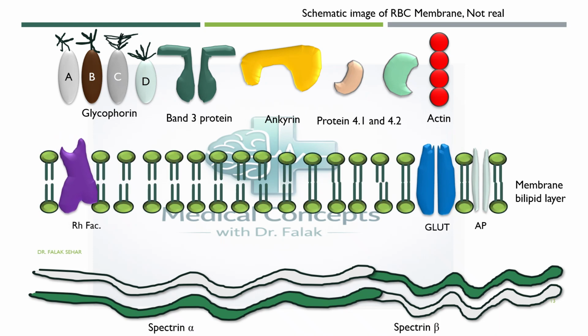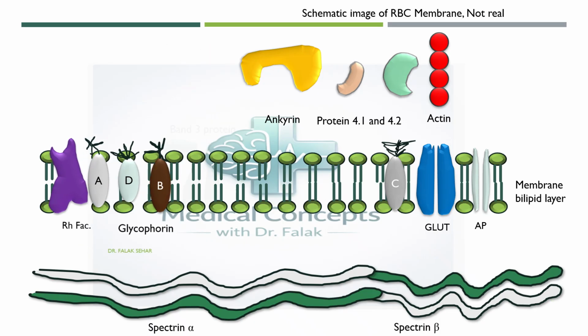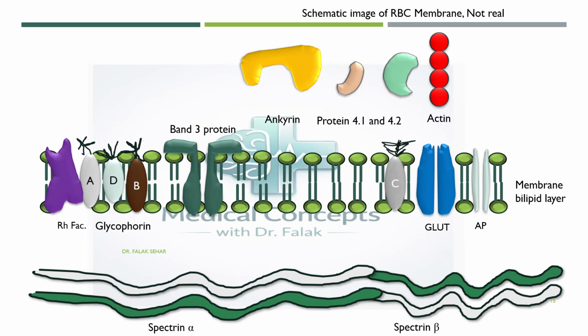Note that transmembrane proteins like Rh factor, GLUT transporter and aquaporin occupy a specific position in the membrane bilipid layer. This is also true for glycophorins A, B, D and C. Then comes the band-3 protein, as we have discussed previously.